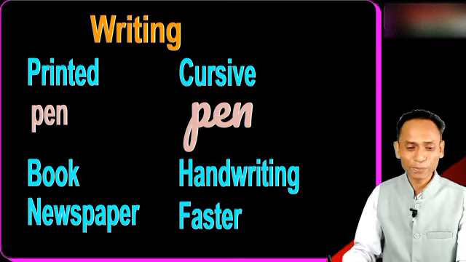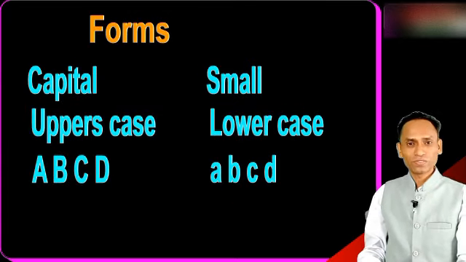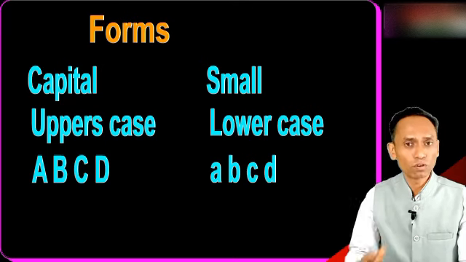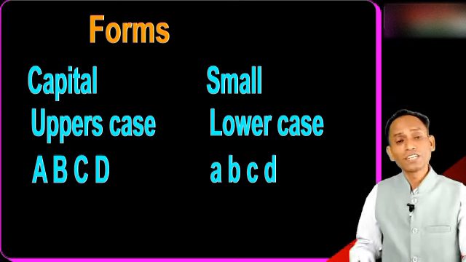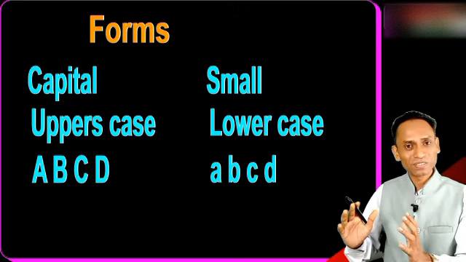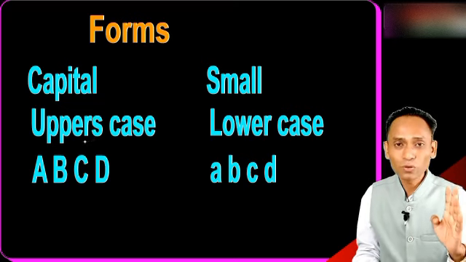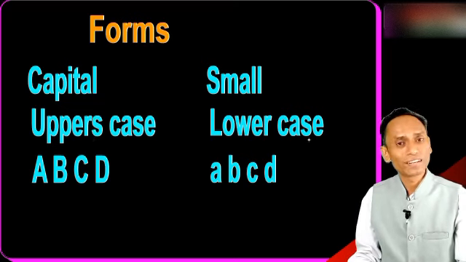Okay, great. Now let's move to the next point, which is the two forms. Each letter has two forms. One is the capital form, another is the small form. That's why we also say capital letters and small letters. One more thing, capital letters are also called uppercase, and small letters are also called lowercase.